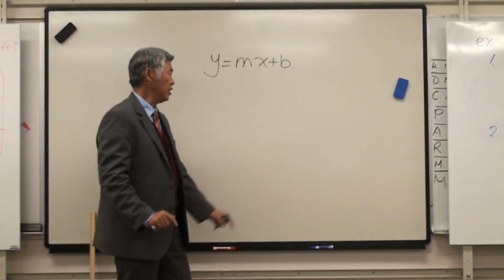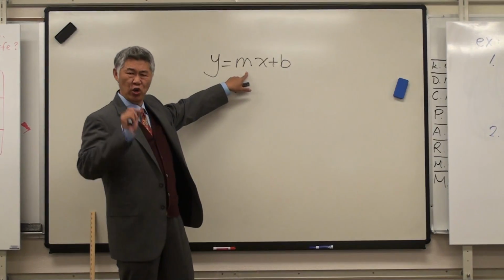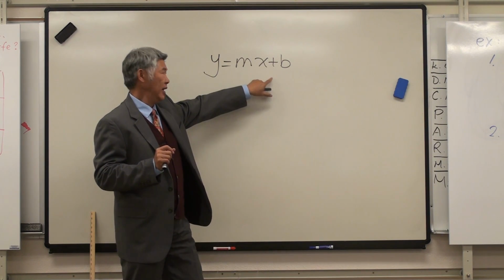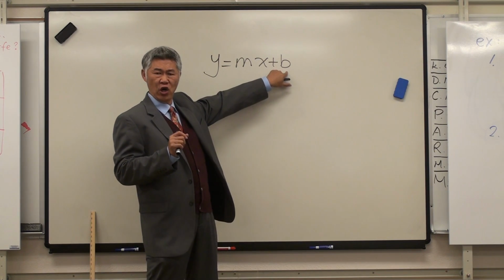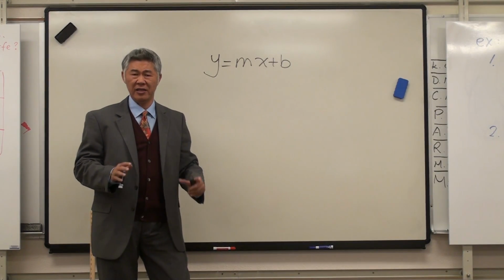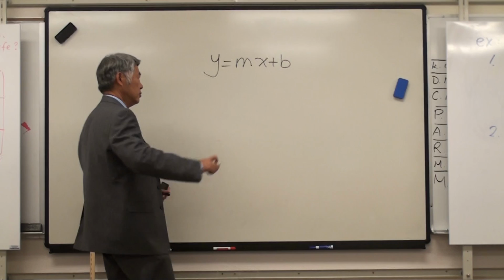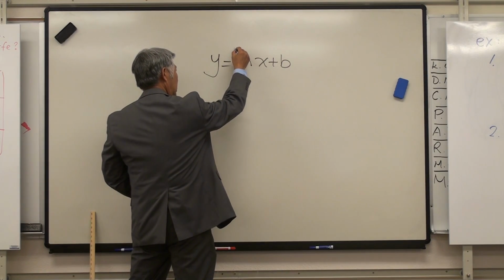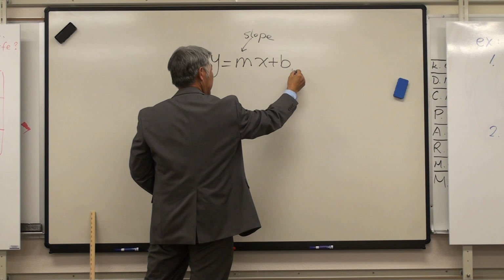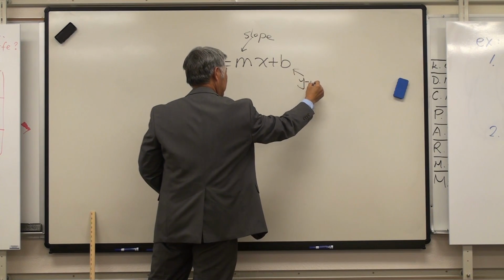You have to think slope is always the number with the variable x, and y-intercept is always the number without any variable. We call that constant. So, this is the slope, and this is the y-intercept.